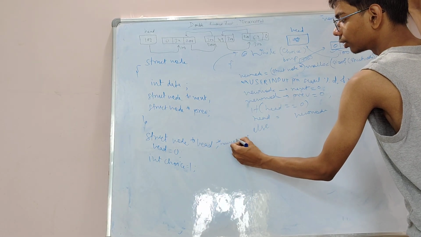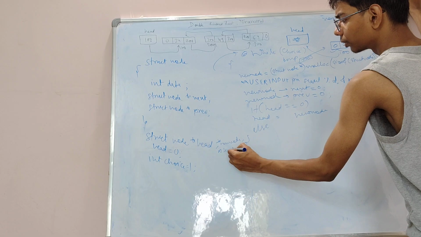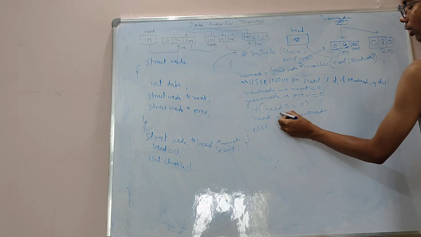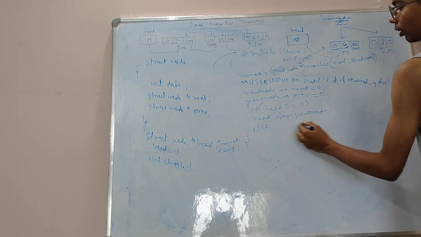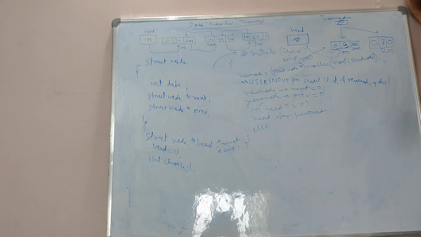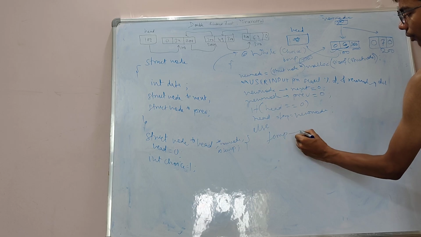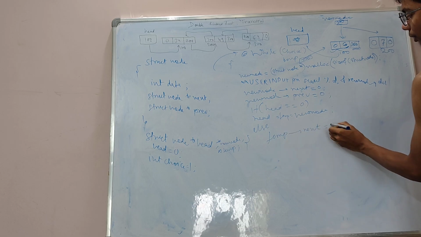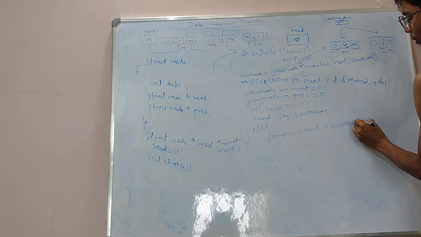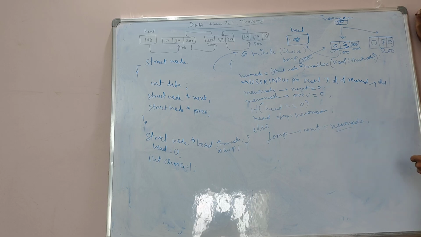New node, and then temp, and here also temp, right? Now what I will do, I will simply, with the help of temp, go to next, and I will give it new node, right? New node contains the address of my second node, right?